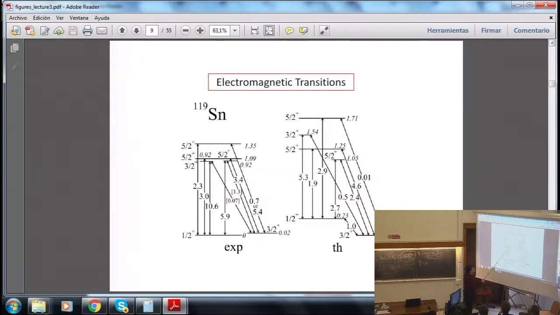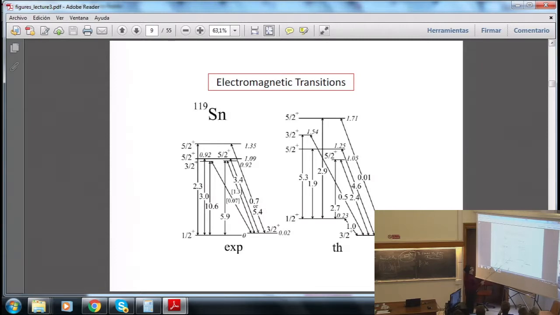These are the experiment, these are the theoretical numbers. Again, the comparison is not perfect in the sense that you don't reproduce exactly every number, but the main aspects, which are strong, which are weak transitions, etc., are reproduced in a reasonable way.